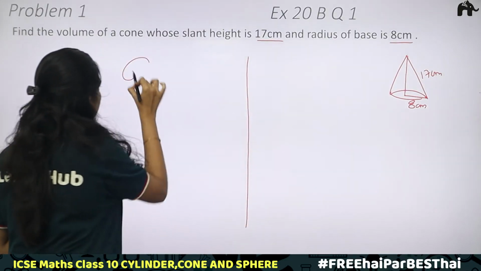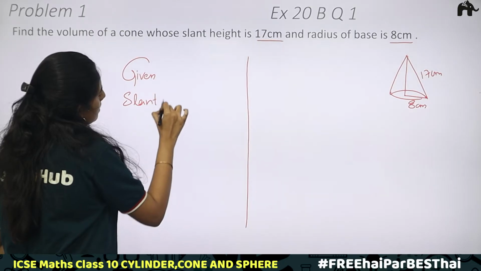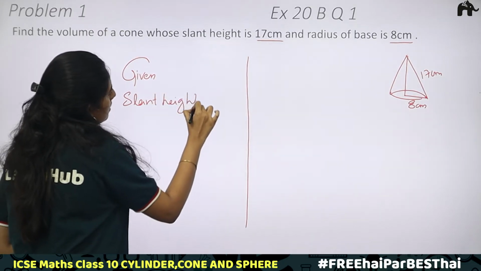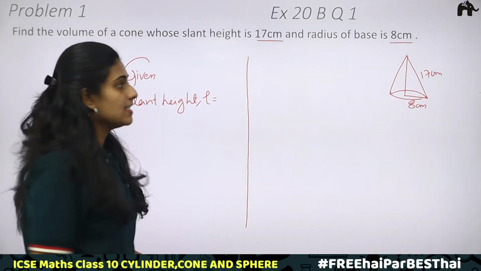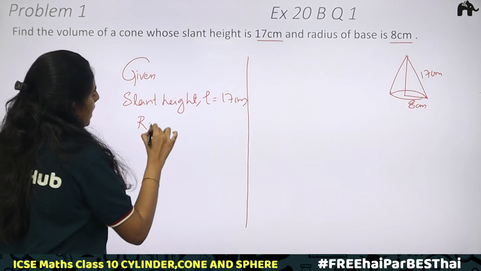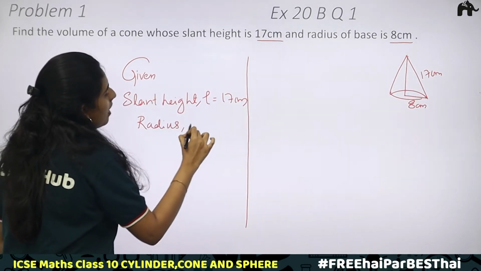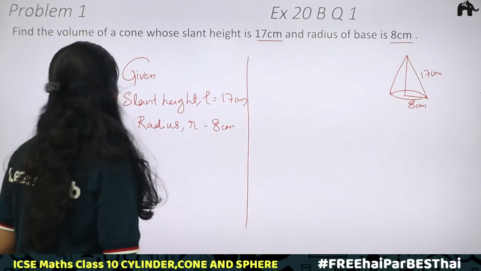Given: slant height L is equal to 17 centimeter. Then radius R is equal to 8 centimeter. Here we need to find the volume.